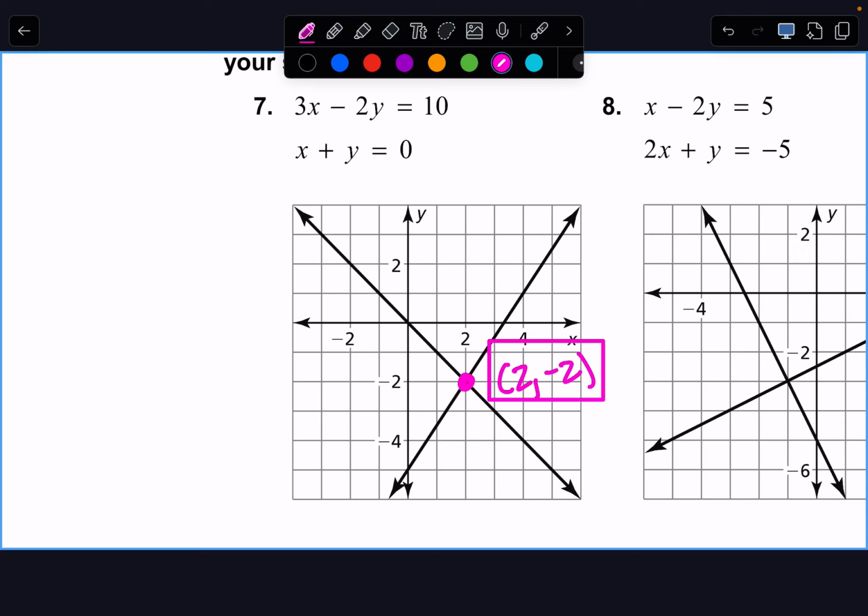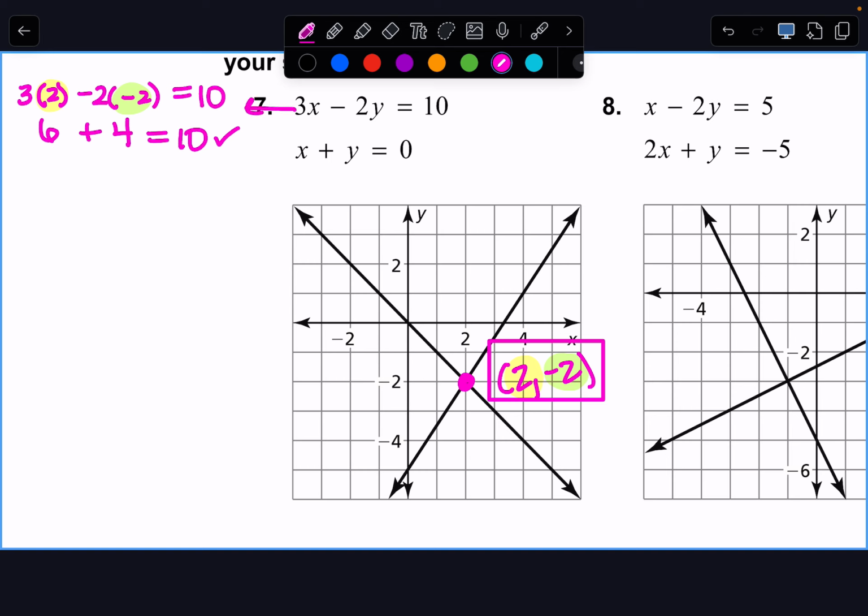So I have a question. Is 3x minus 2y equal to 10? So I took x is 2 and y is -2 and plugged them into that first equation. Is 6 plus 4 equal to 10?